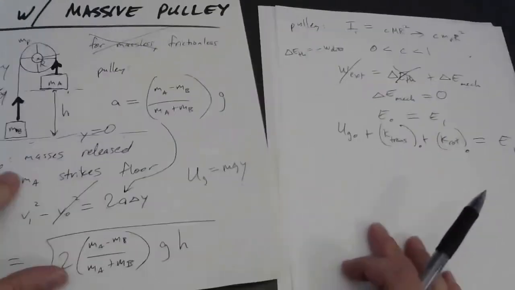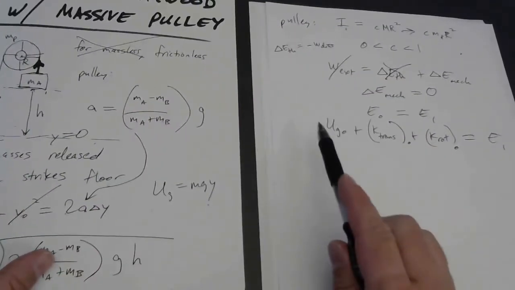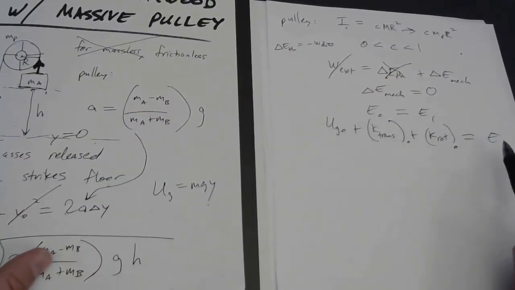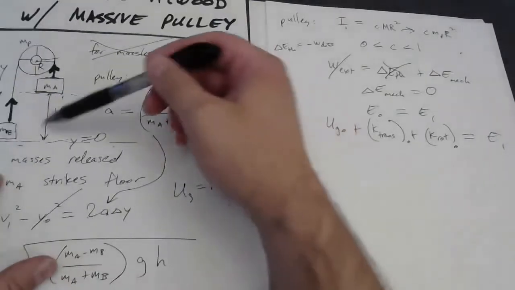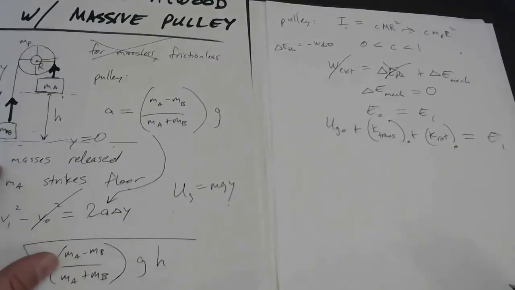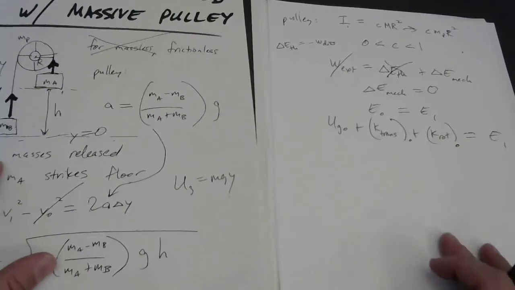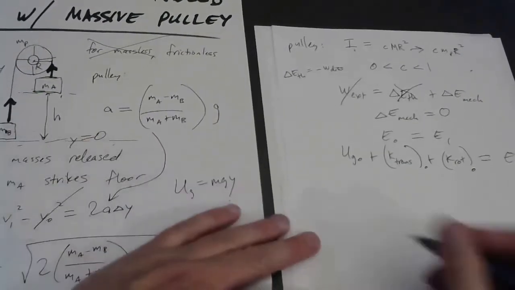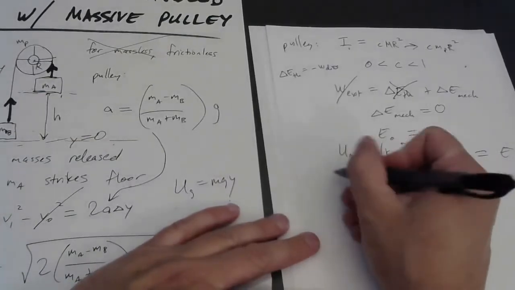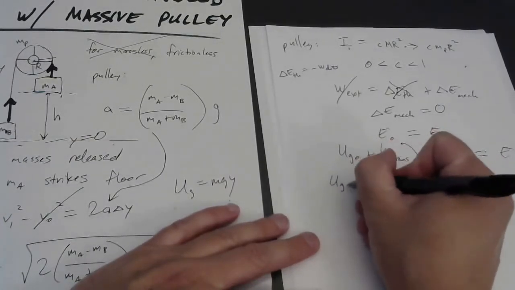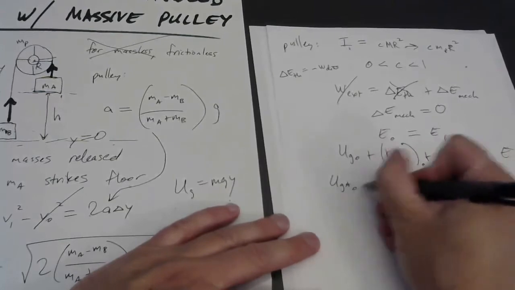So if you included that gravity term, you'd have potential energy on this side for the pulley, potential energy on this side for the pulley, and those numbers would be the same because the height of the pulley doesn't change, and you could just subtract them from both sides. So let's just forget about that as well. All we've really got here would be the potential energy of mass A gravitationally at time 0.